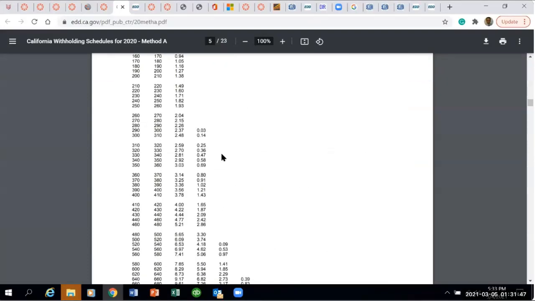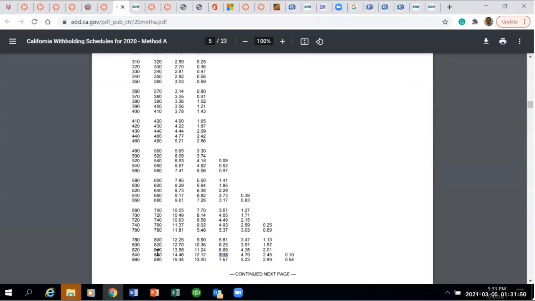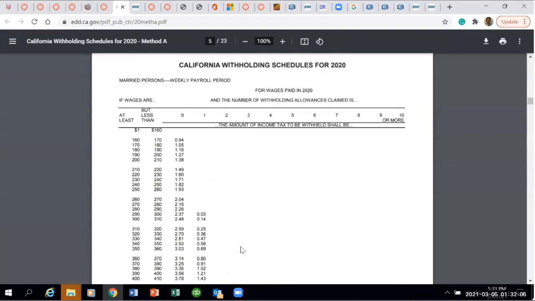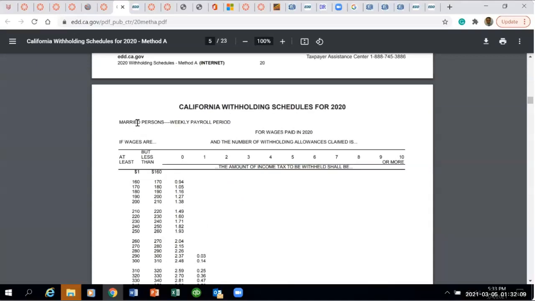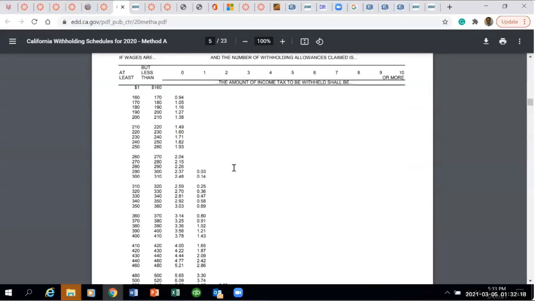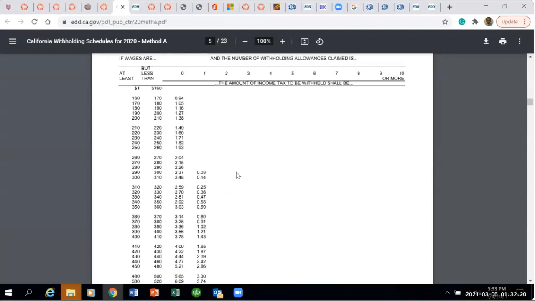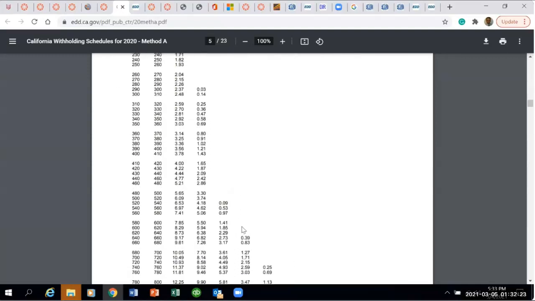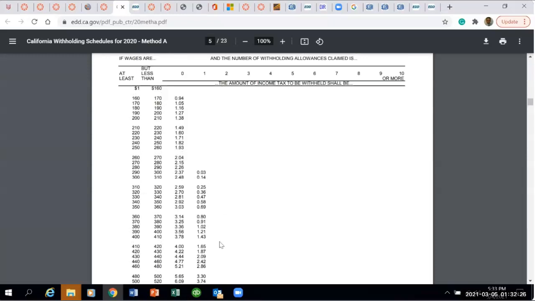Earning 842, 2 allowances, married weekly. It's $713. Am I looking at something wrong? Weekly pay period, married. That's the line.